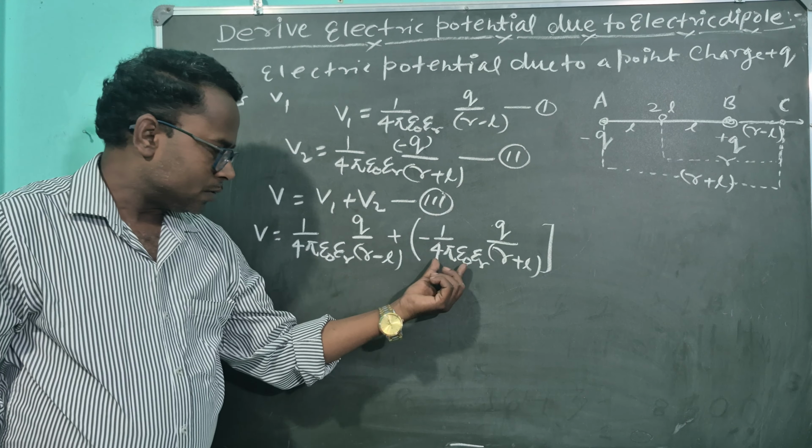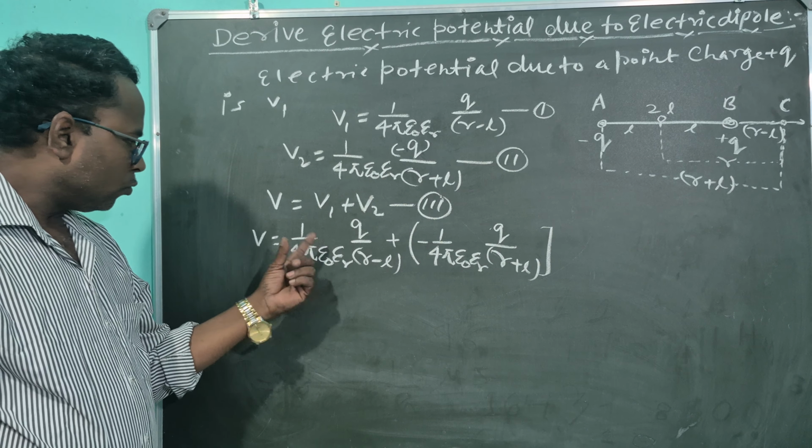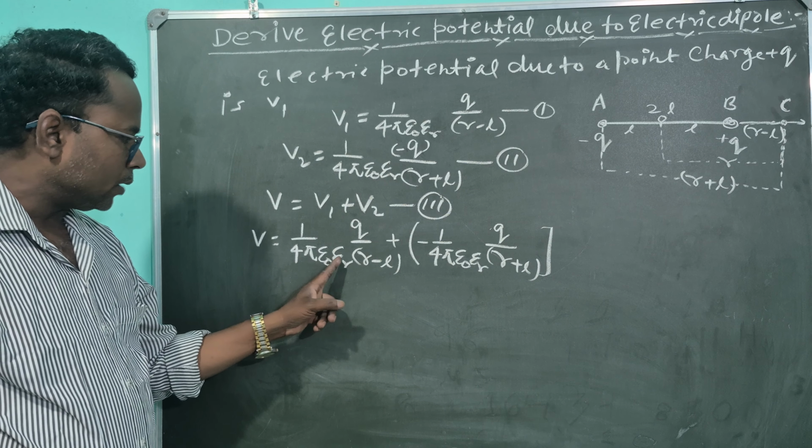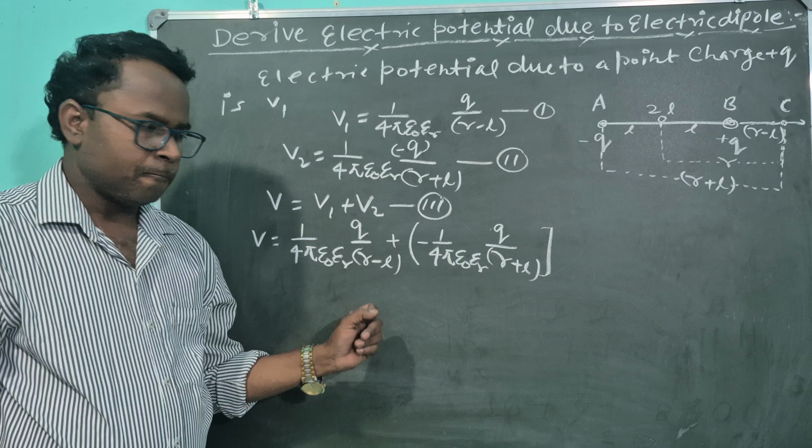In both terms, 1 upon 4 pi epsilon naught epsilon r and Q are common.